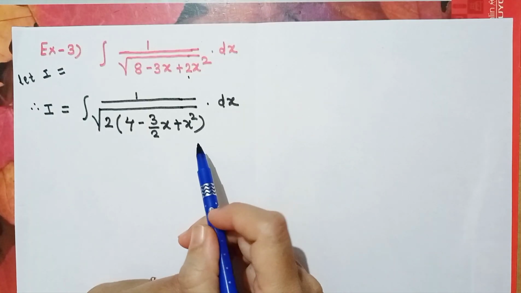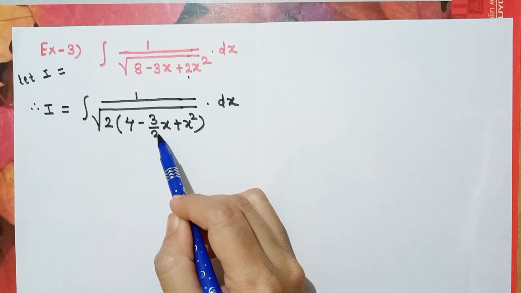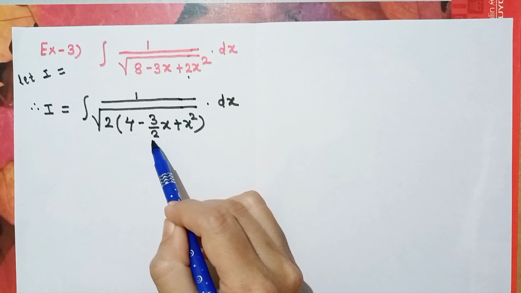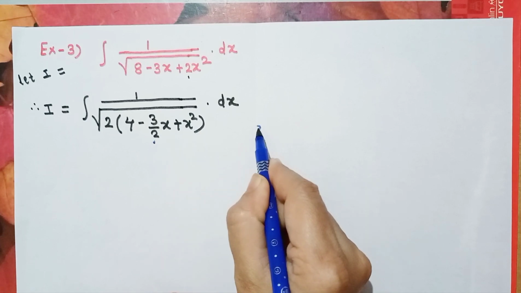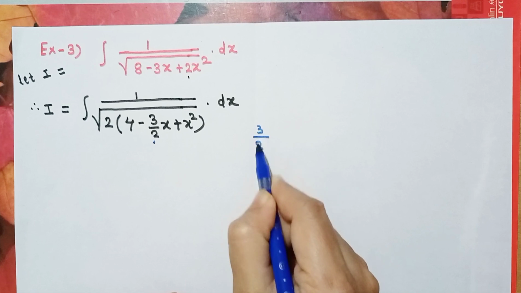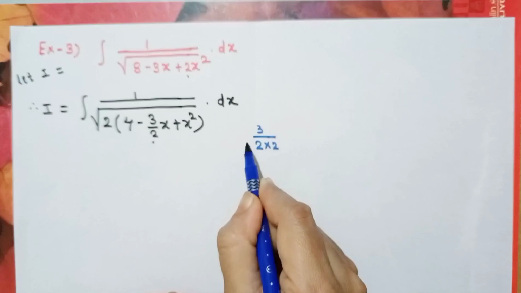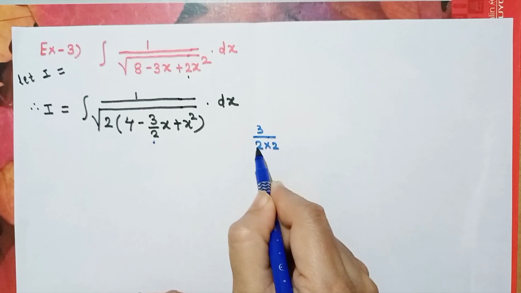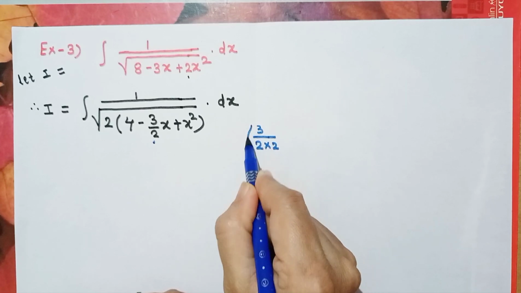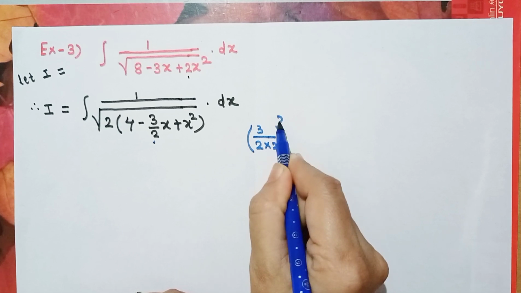Now our next step is we will divide the coefficient of x by 2. Now here the coefficient of x is 3 upon 2 and we will divide this by 2, that means in the denominator we have to multiply. So this term will be 3 upon 4 and now we have to make a square of this.